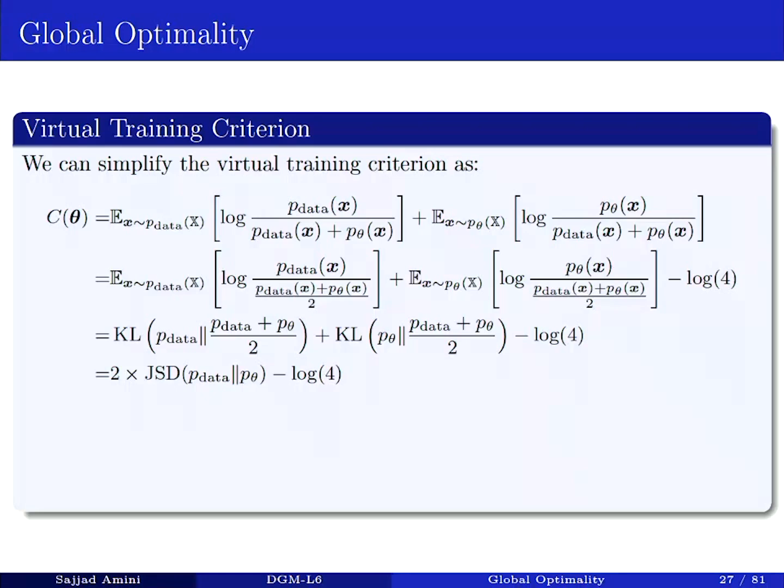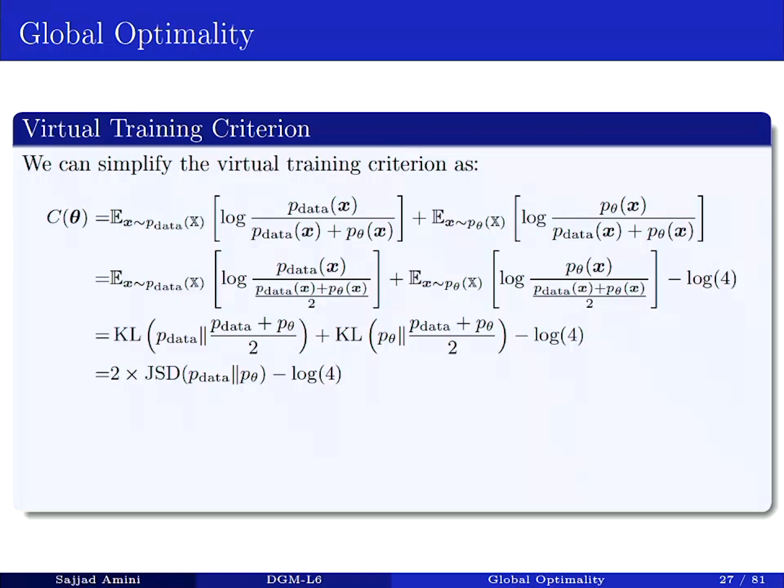Why? Because when you are working with KL, you may have the problem of infinity, because KL is just based on sampling from one of the distributions. So when you are sampling, it means that you are sampling from p data in your KL divergence, and if the sample is coming from the place that your model assigns 0 to, for example, one of the training data is such that in one iteration of your training, p theta of xi is equal to 0.